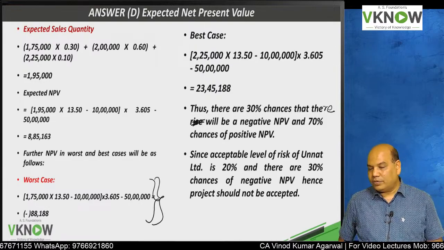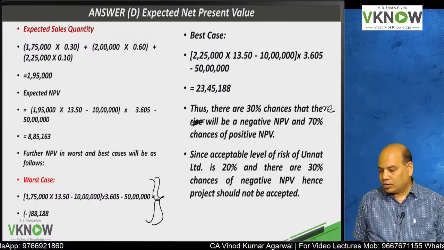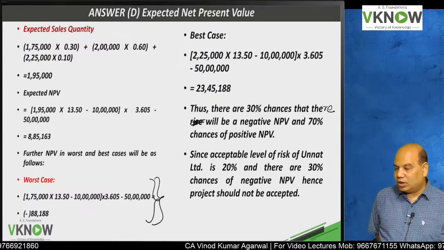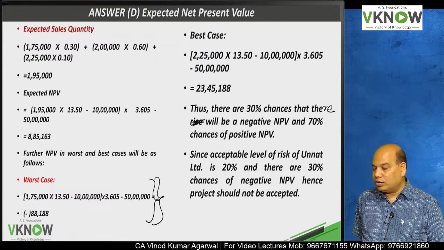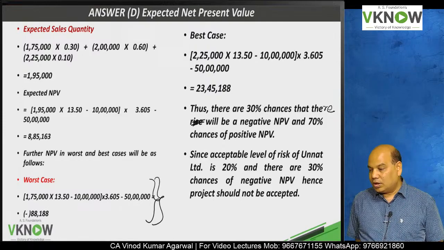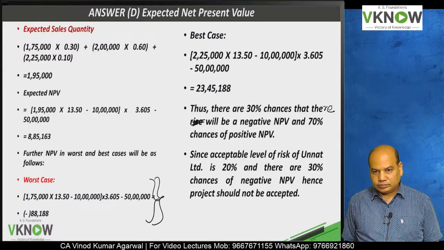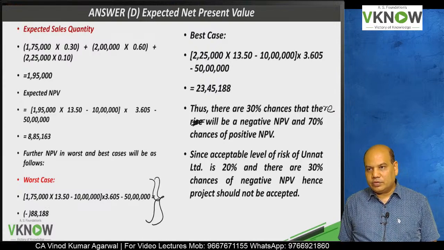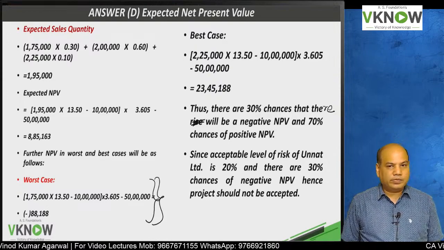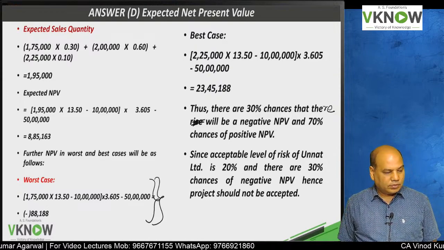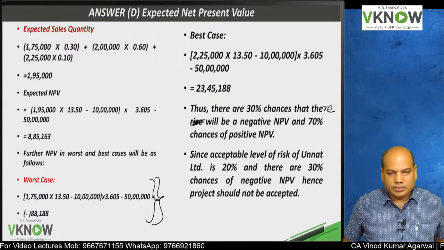Since acceptable level of risk of Unnat Limited is 20%, and there are 30% chances of negative NPV, project should not be accepted.